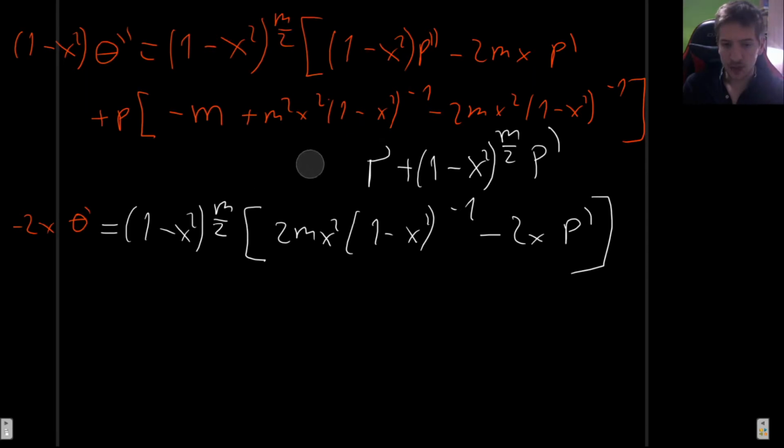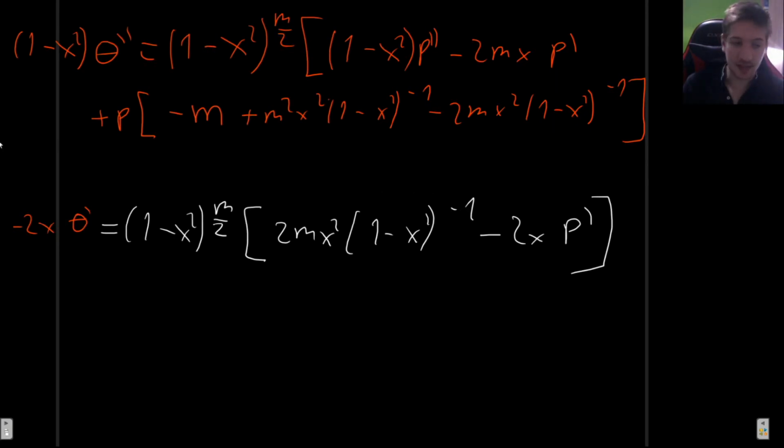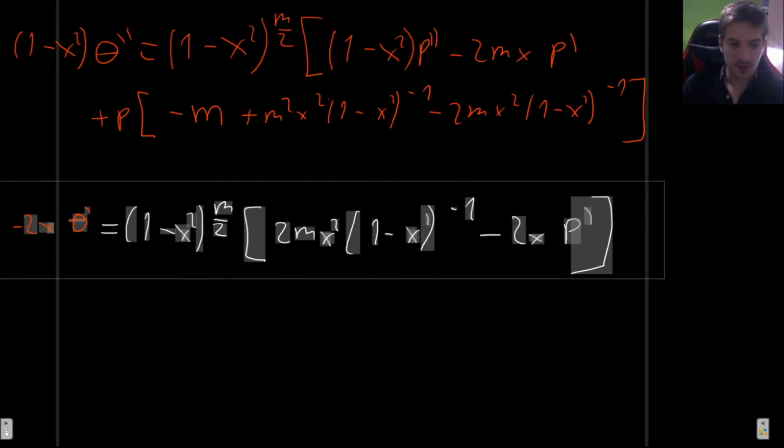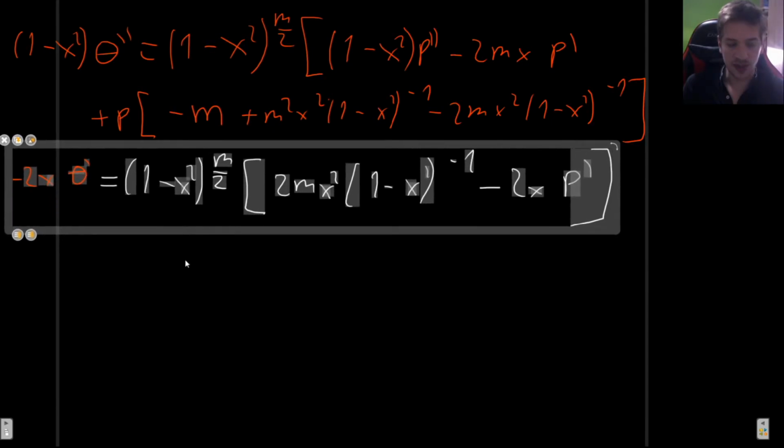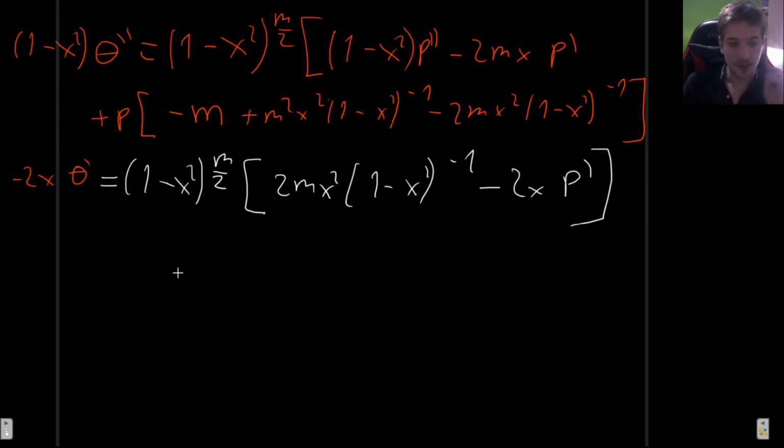And now what we want to do is plug this into the first half of the equation, because as I said, it's going to take a lot of space and I want to try to keep this as understandable as possible. That's why I'm going to do it by parts. So first I add these two things and then I add the third part. So when I do that, what do we have? Well, everything is multiplied by 1 minus x squared to the m halves.